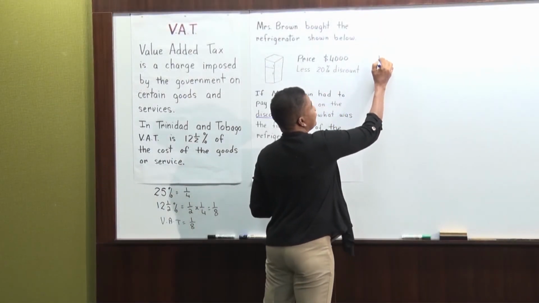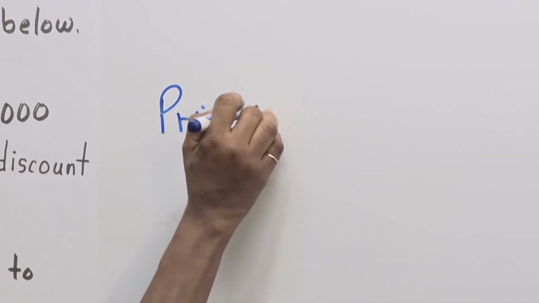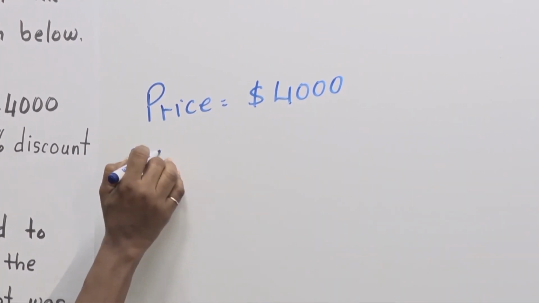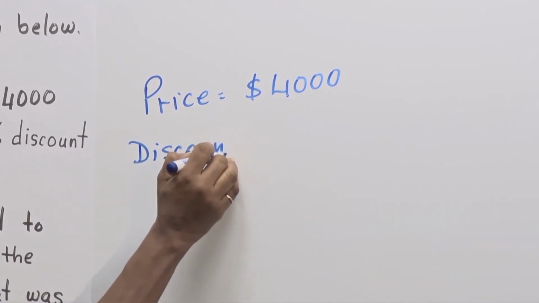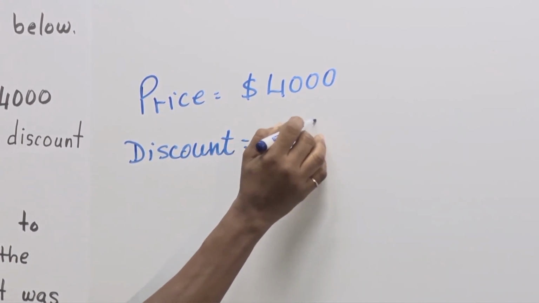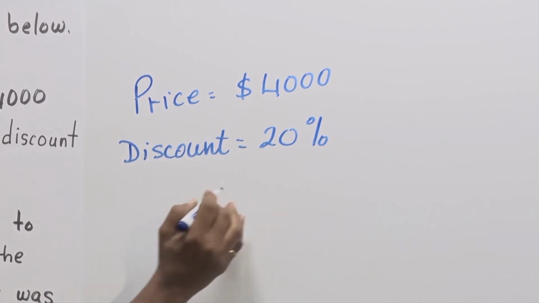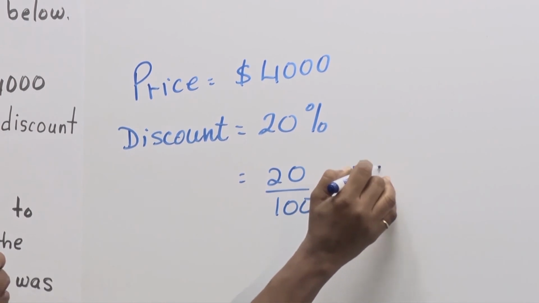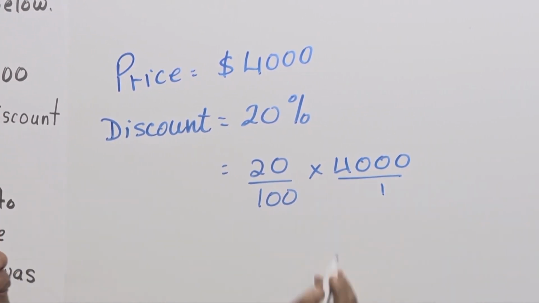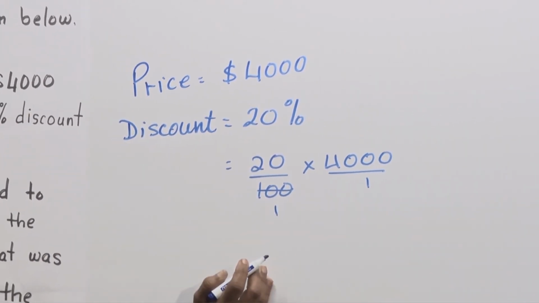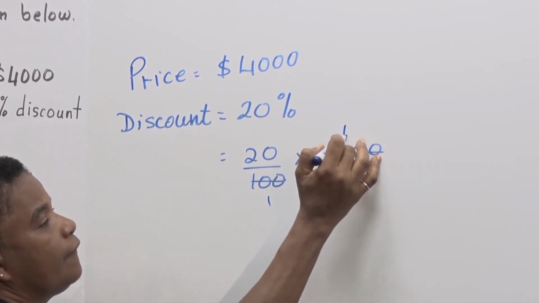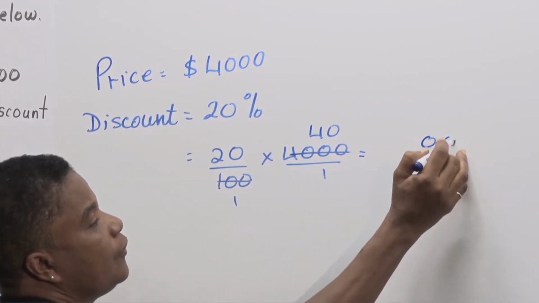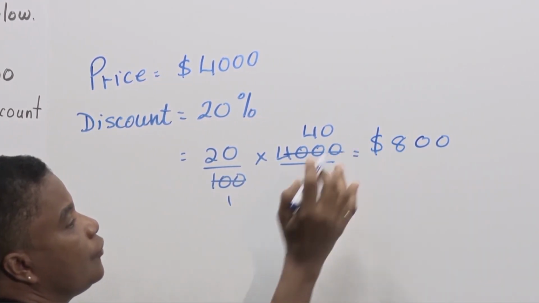Let's go. The price is $4,000. Our discount is 20%. So let's work out our discount. 20% of $4,000. 100 into 100, 1. 100 into 4,000, 40. And when we multiply 40 by 20, we are going to get $800.